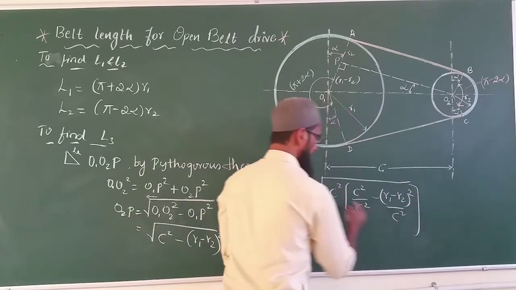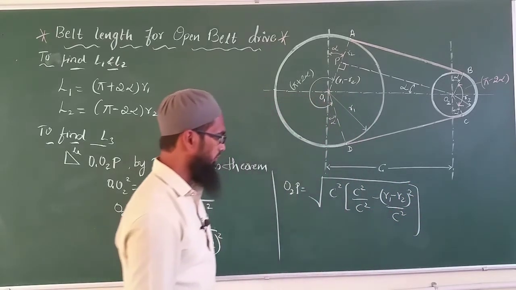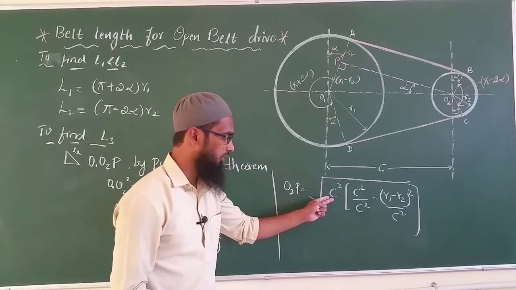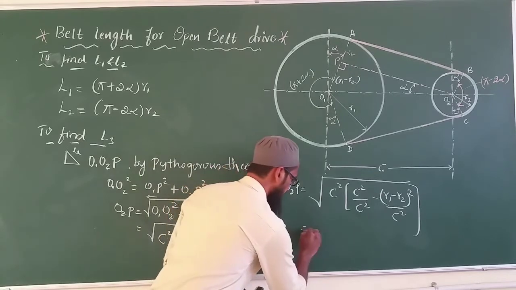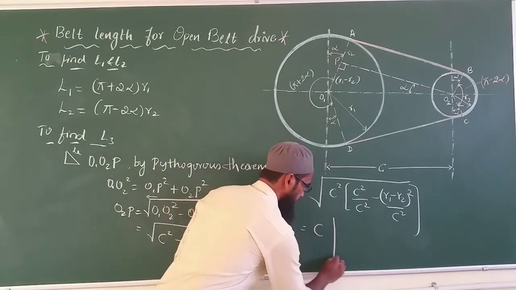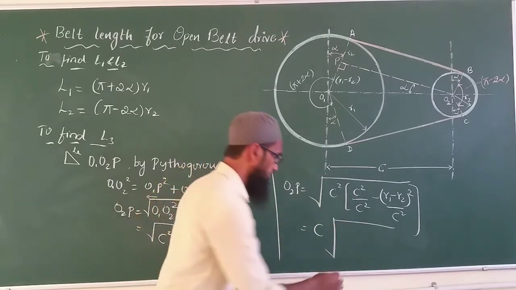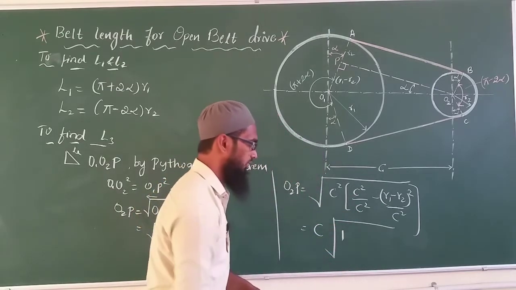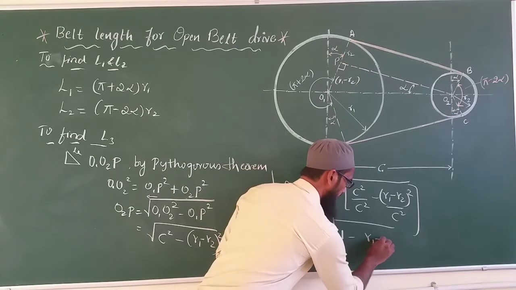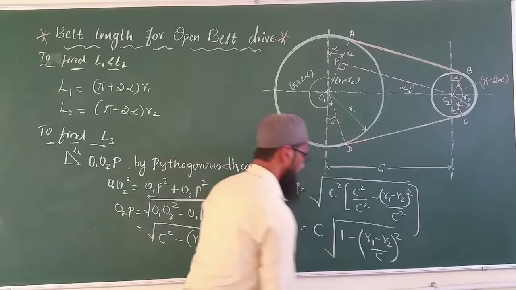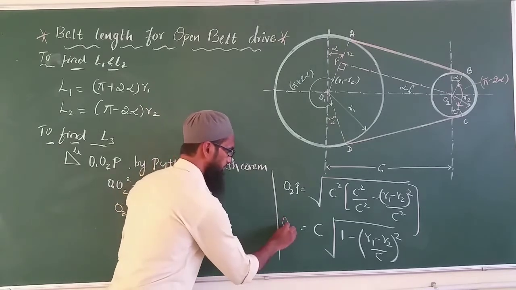After that, the square root of the C square becomes one C, which will be left here. The C square and C square get cancelled, so 1 will remain, and the remaining part is R1 minus R2 by C whole square.